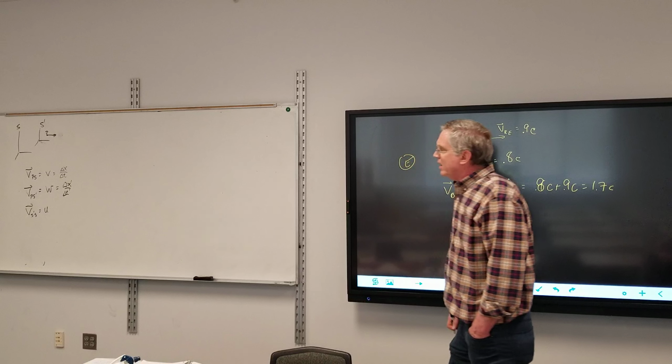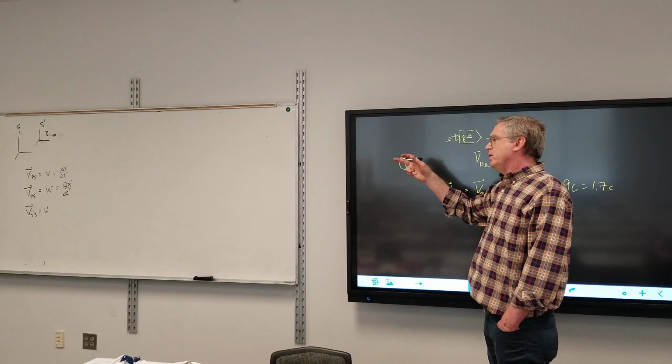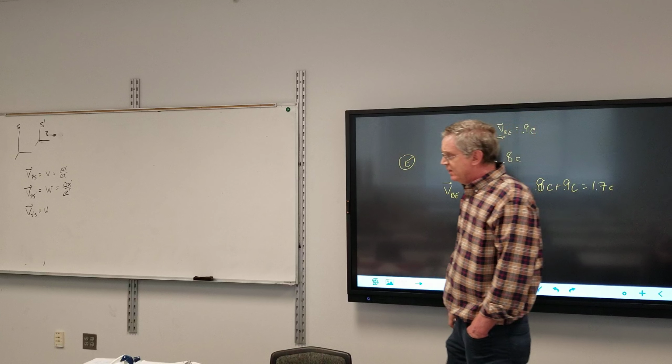So since w is how fast the particle is going in the prime frame, I need to somehow connect these things.